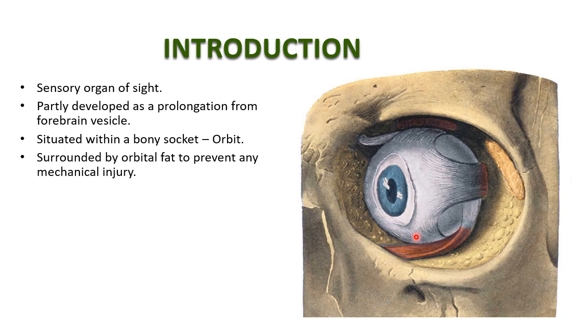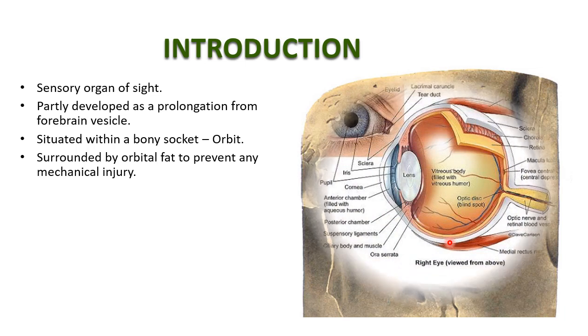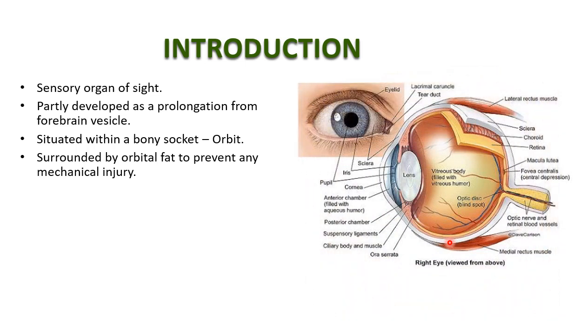All three tunics: the sclera of the eyeball is derived from the dura mater, the choroid is derived from the arachnoid and the pia mater, and the retina is a prolongation of the diencephalon. So it is called the moving brain.